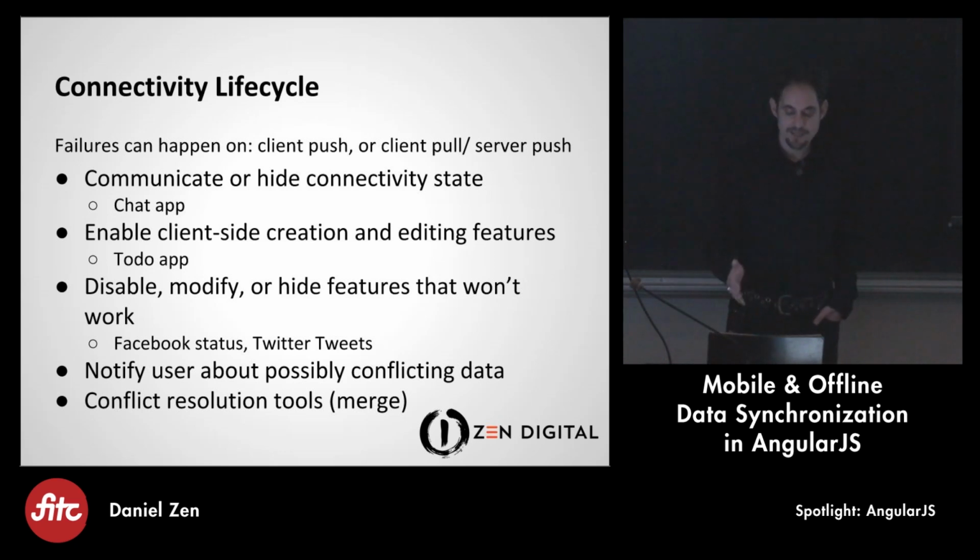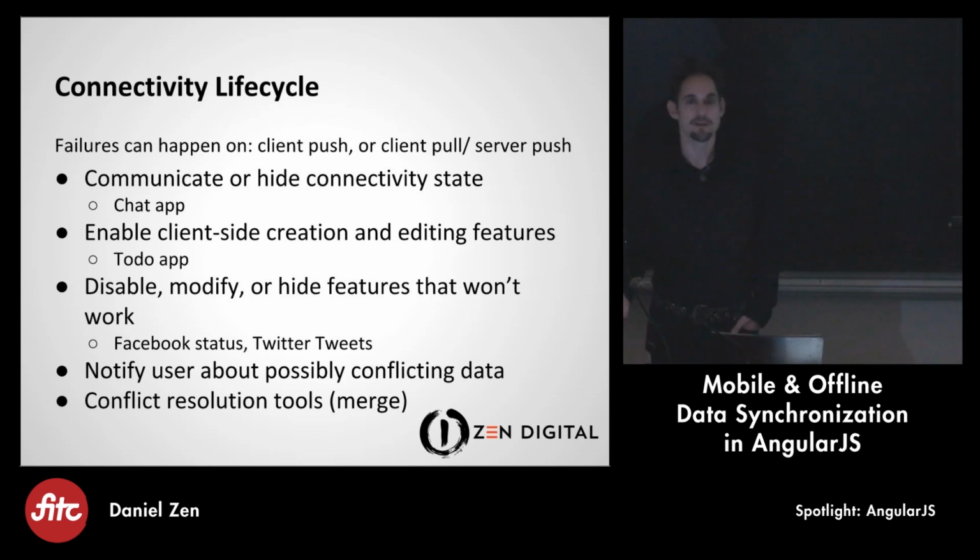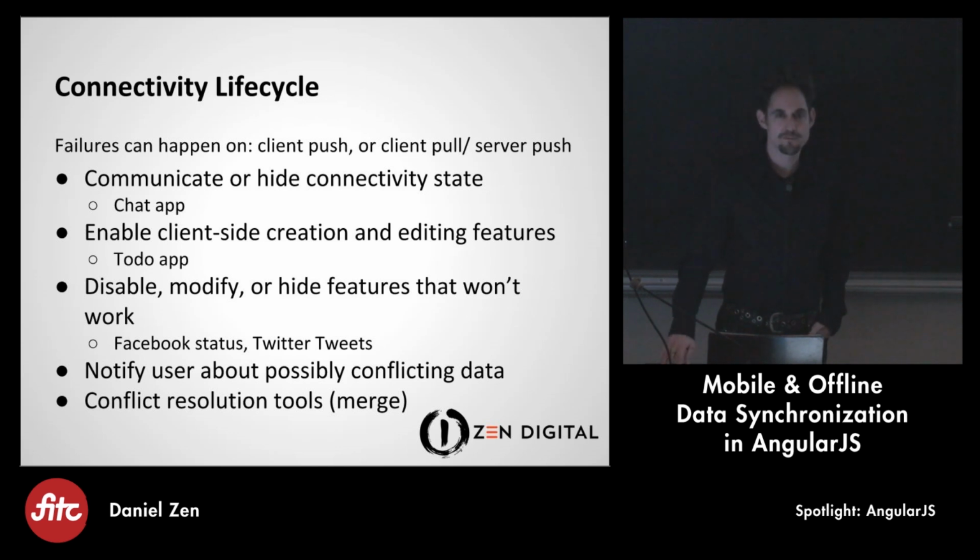You want to enable client-side creation and editing features. So for instance, in a to-do app, you want to still be able to see the tasks that you want to accomplish, and you want to be able to edit them and mark something as done, or edit the title, for instance, of a task. So the application itself, you're going to want to disable or modify or hide features that won't work. So Facebook status updates.